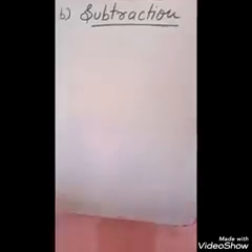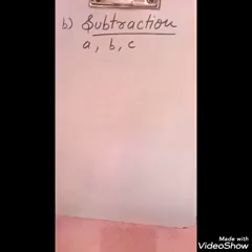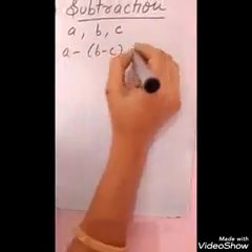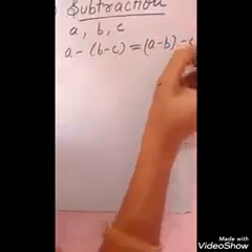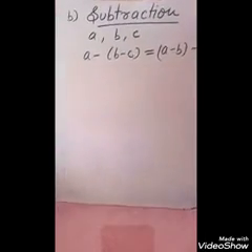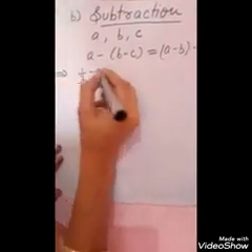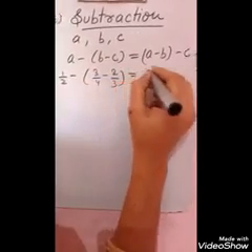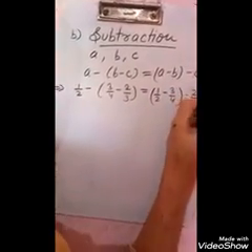So again we will take three examples, say A, B and C, and according to associative property of subtraction, if A minus B minus C is equal to A minus B minus C, then we can say that it is following the associative property. Now again we will take two examples. Take it as 1 by 2, 3 by 4 minus 2 by 3, and this side 1 by 2 minus 3 by 4 minus 2 by 3.